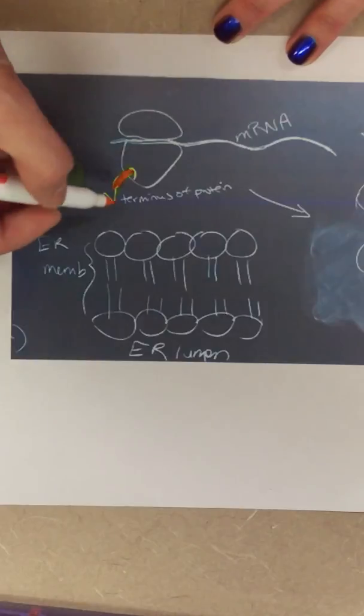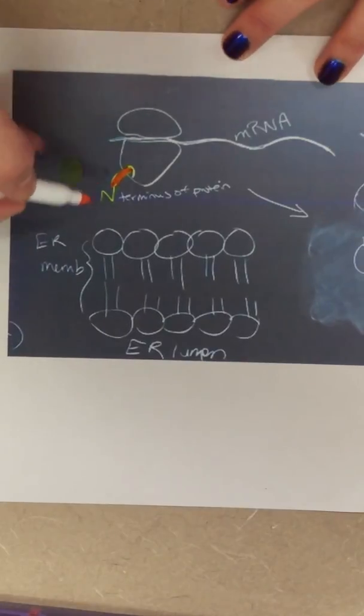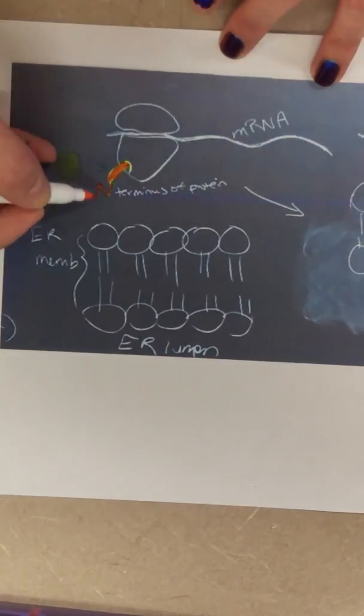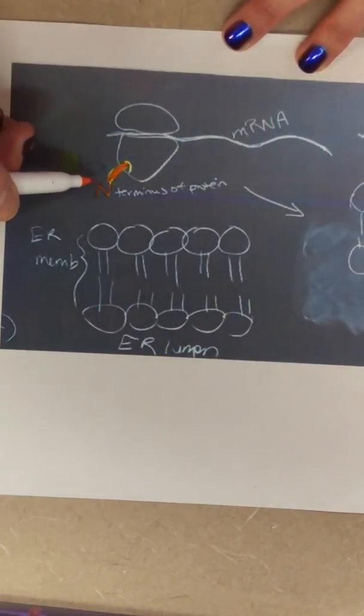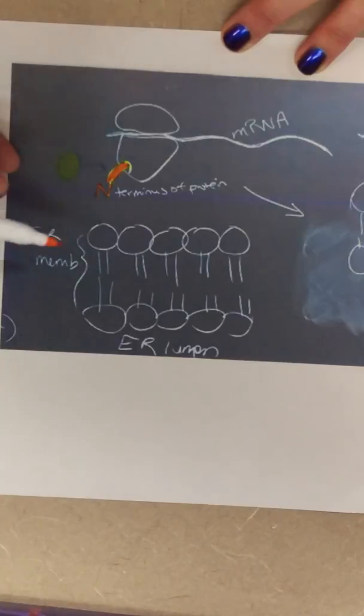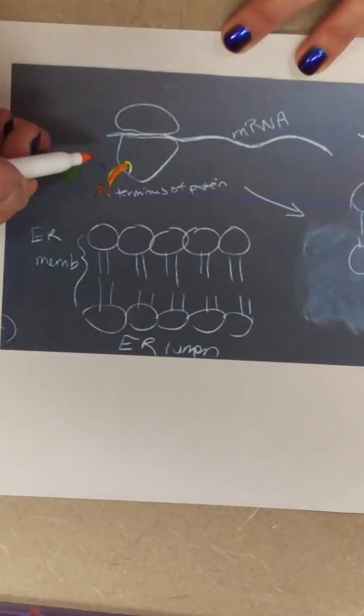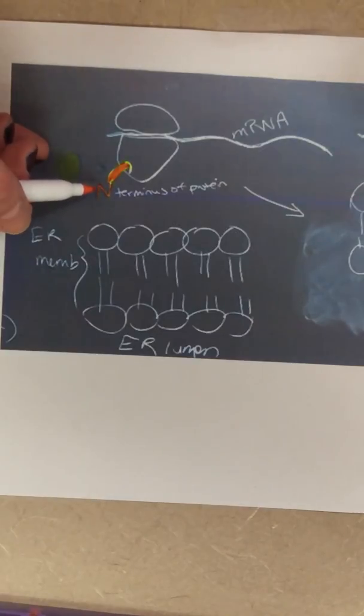The peptide consists of a chain of amino acids. And remember that the N terminus of the peptide chain is always translated first. So we know that the ER signal sequence is always at the N terminus of a protein.